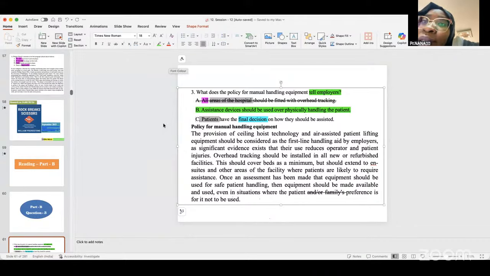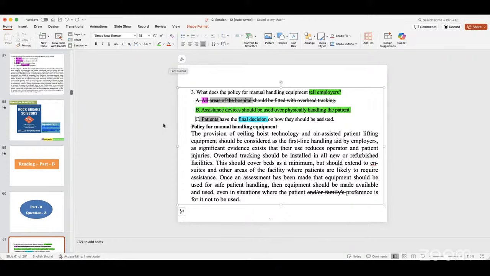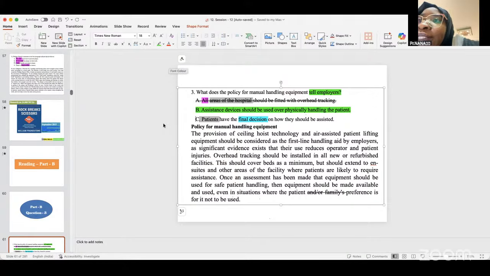Policy for manual handling equipment. The provision of sliding technology and air-assisted patient lifting equipment should be considered as the first line handling aid by employers, as significant evidence exists that their use reduces operator and patient injuries. Overhead tracking should be installed in all new or refurbished facilities.